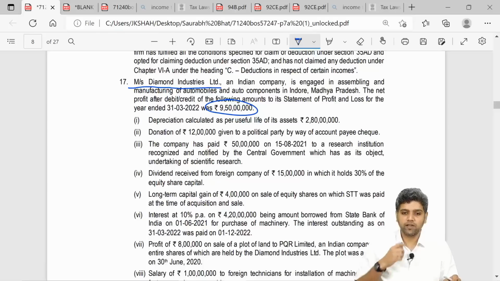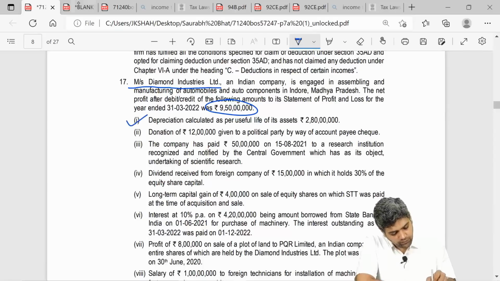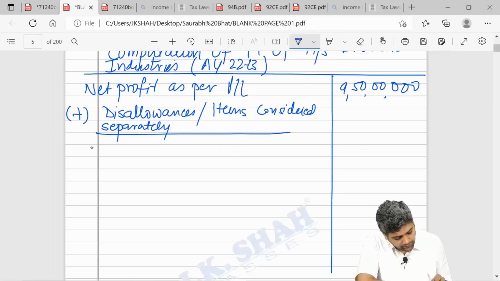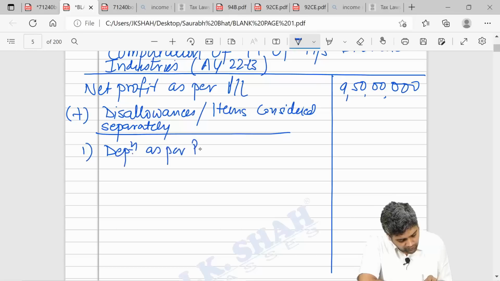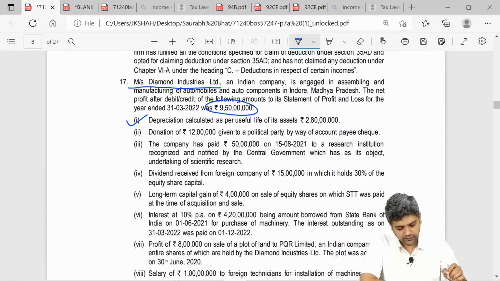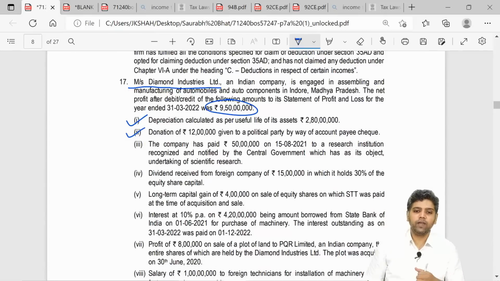That's depreciation as per the Companies Act debited to P&L, that would be disallowed. So first one, depreciation as per P&L, 2 crores 80 lakhs. Then donation of 12 lakhs given to a political party by way of account payee cheque.